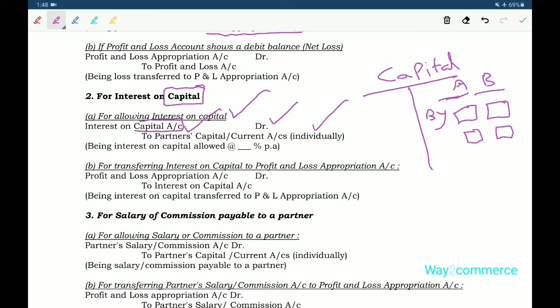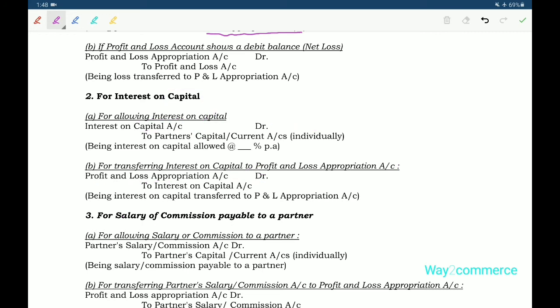Next, for transferring interest on capital to profit and loss appropriation account. So this is the appropriation entry. We know that if profit arises, so what is the entry? Profit and loss appropriation account debit to interest on capital account. I hope you understand. First of all, interest on capital. Allowing interest on capital is an expenditure to the business.